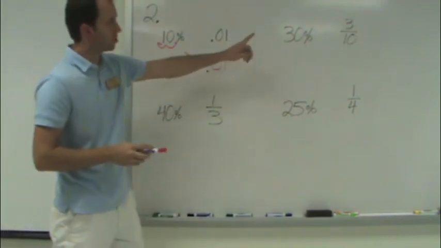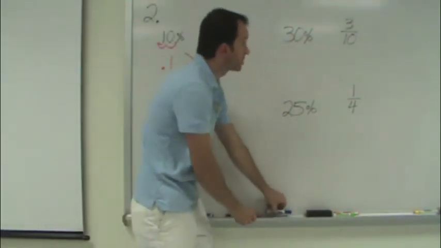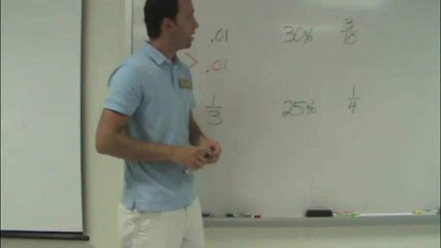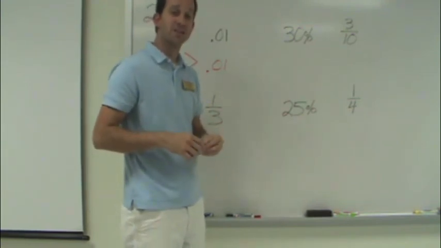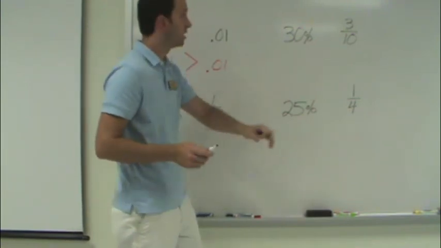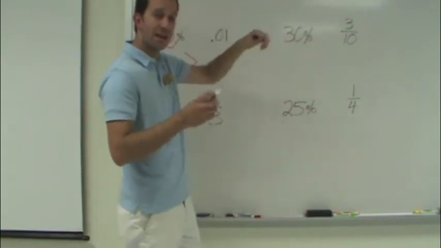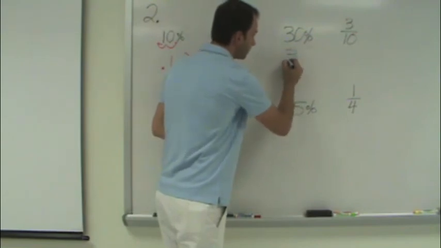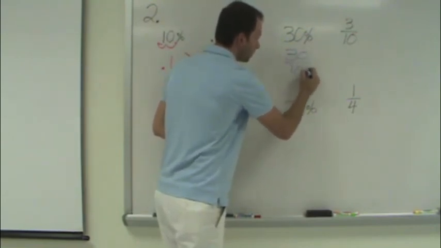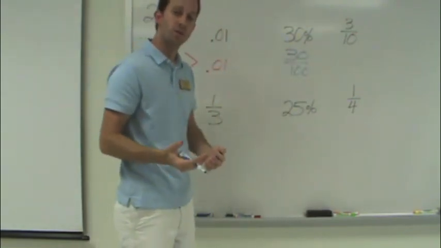If I move over to question number 2, we've got 30% and 3/10. For this problem, let's go ahead and change them both to fractions. 3/10 is already a fraction. 30% as a fraction is 30 over 100.